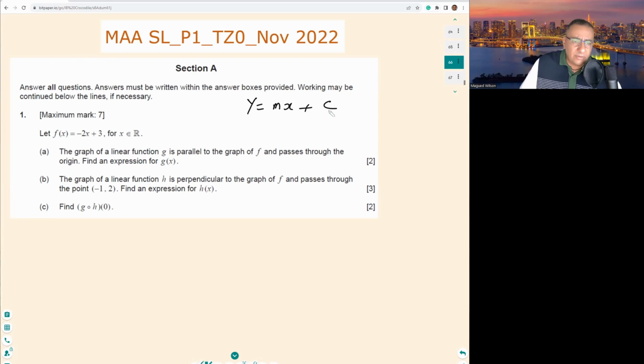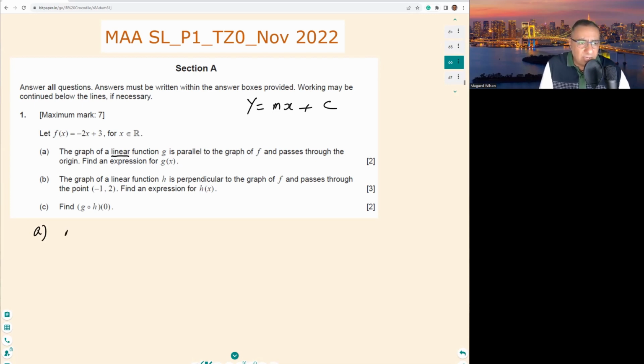One way to find the equation of a linear function is by finding the slope and one point on the line. So g of x is also a linear function, first degree. The graph of g is parallel to the graph of f, which means they have the same gradient.